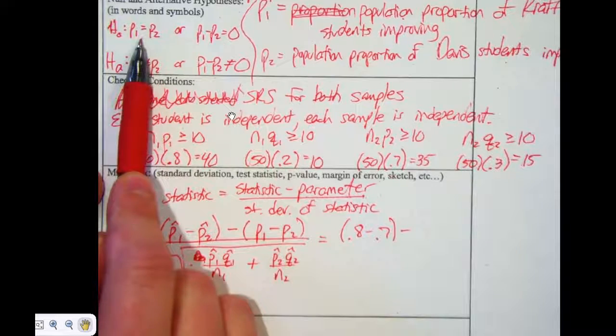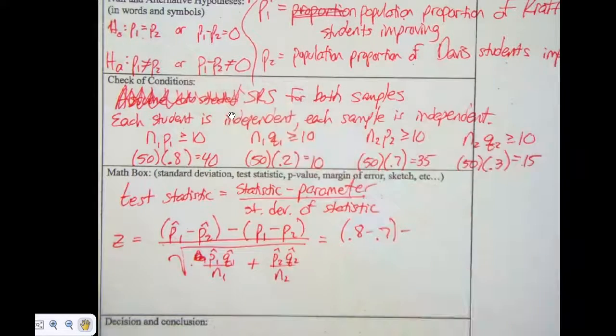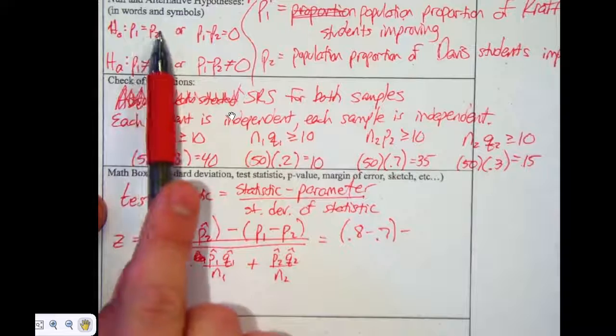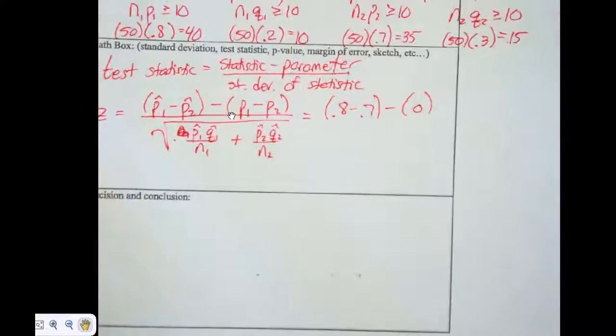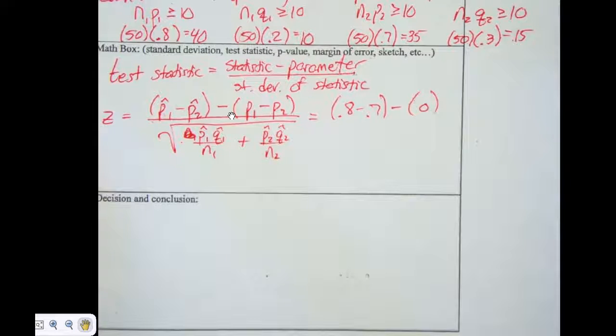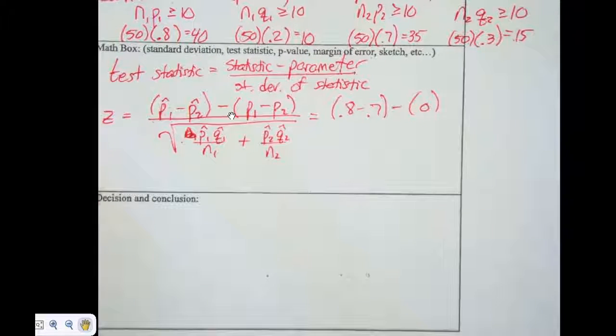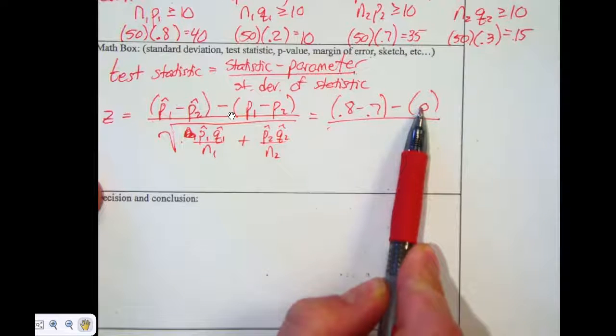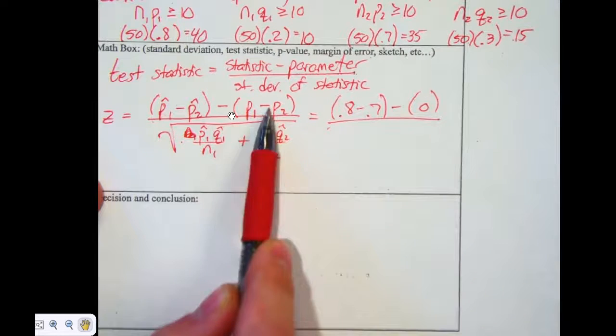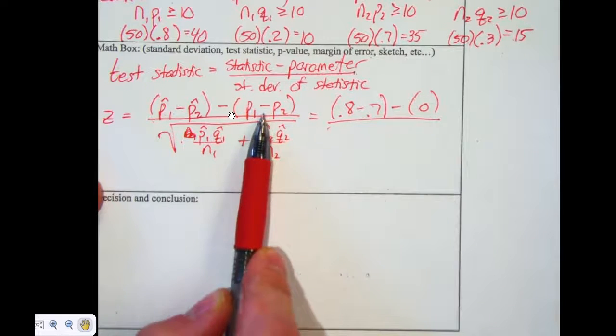I know they're the same. I'm testing whether they're the same. So when I subtract one from the other, I'm going to get 0. So this second part here will always be 0. Can we just leave that out of the equation? Well, in this part you can. You just don't write the 0, but you've got to show the math.